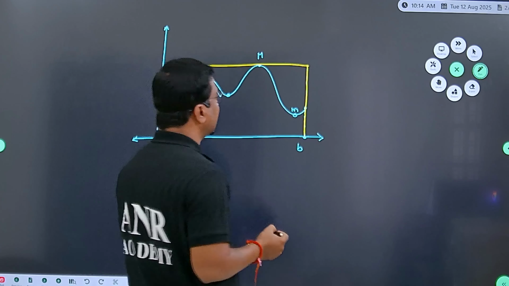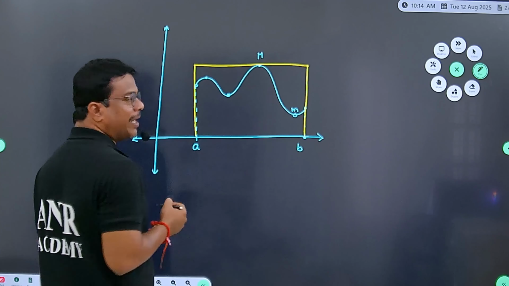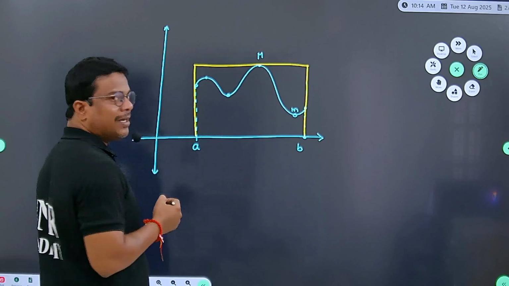Next, I am going to write the area under this line with boundaries x-axis, x equal to a and x equal to b. That is, this area I am going to find now.